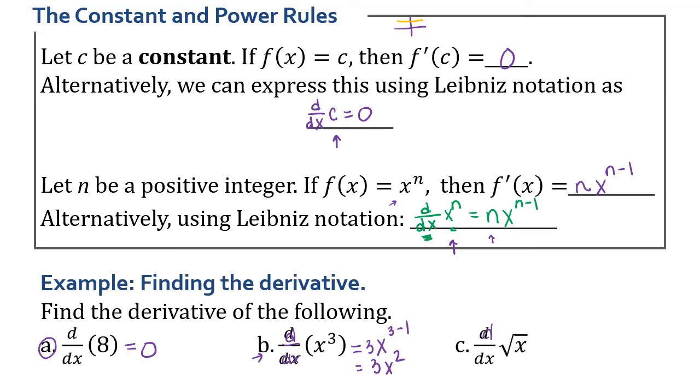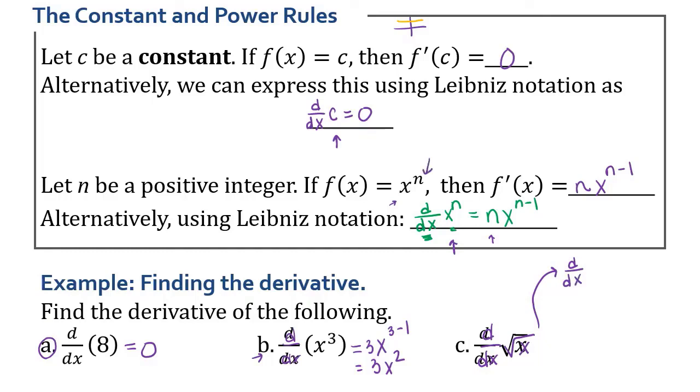All right, the derivative with respect to x of the square root of x. Again, this d over dx means to take the derivative with respect to x of the square root of x. I'm going to go up here just so we have a little more space. Right now we don't have a formula for a square root, but we do have a formula for a power.